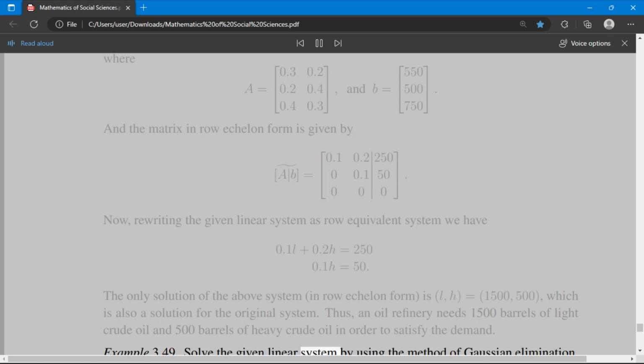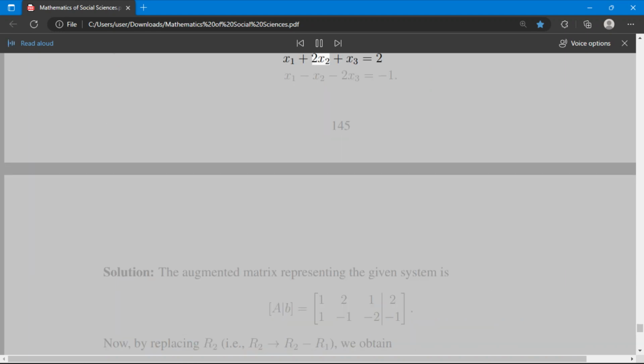Example 3.49. Solve the given linear system by using the method of Gaussian elimination. x1 + 2x2 + x3 equals 2, x1 + x2 + 2x3 equals 1. 145.